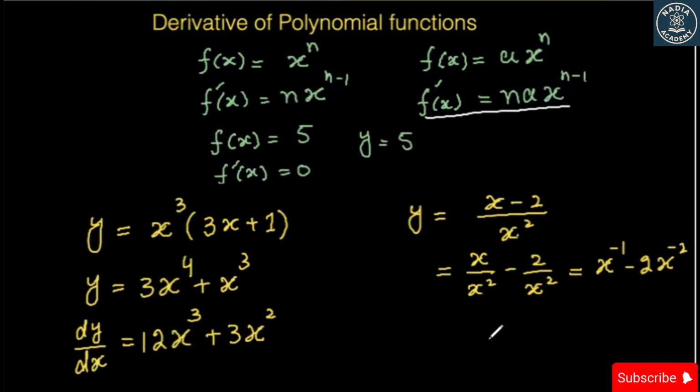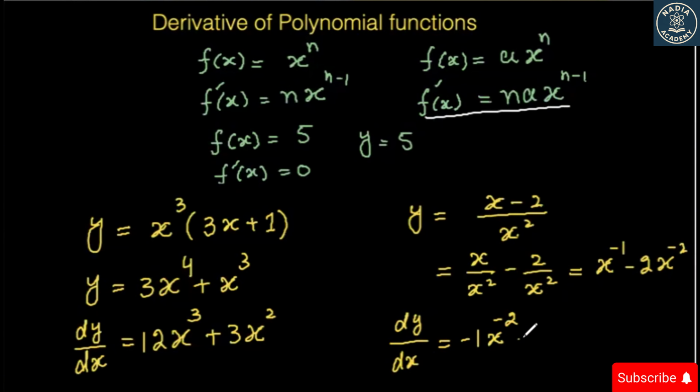Now we can very easily understand what would happen: the derivative dy over dx of this function will be negative 1 as a coefficient, and x power negative 1, meaning that we need to reduce it by 1. So the answer is negative 2.